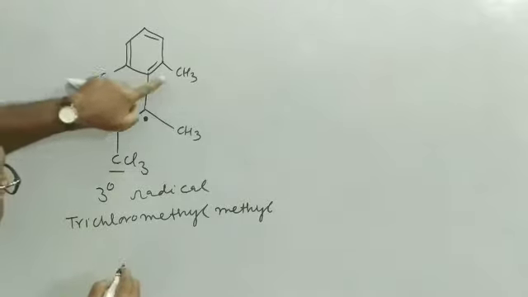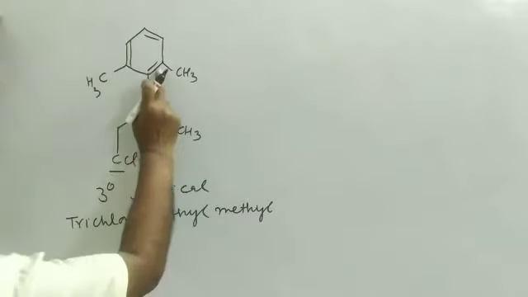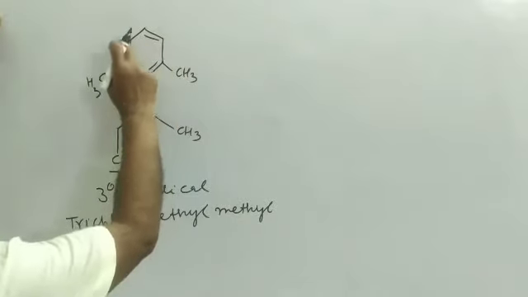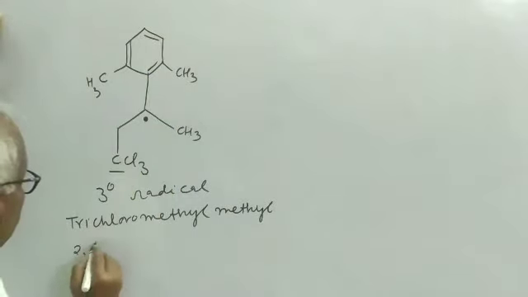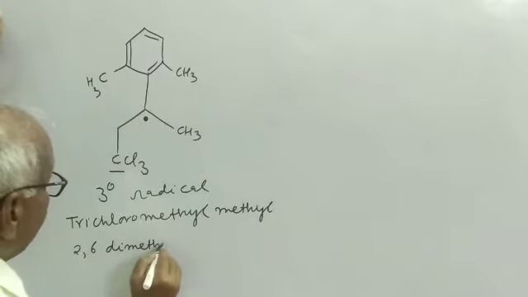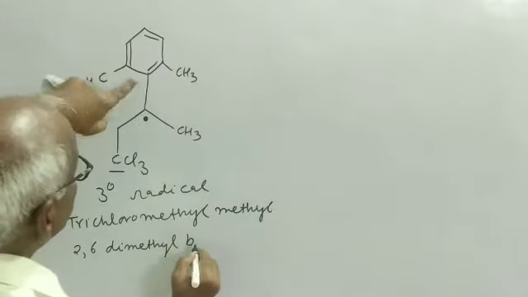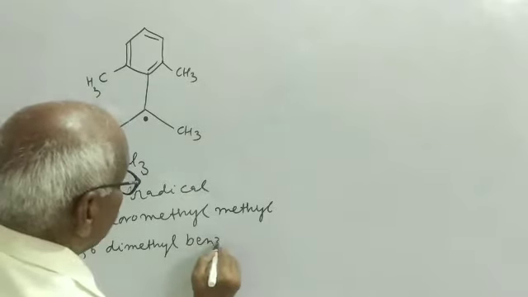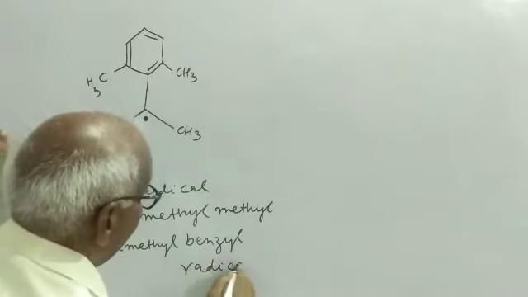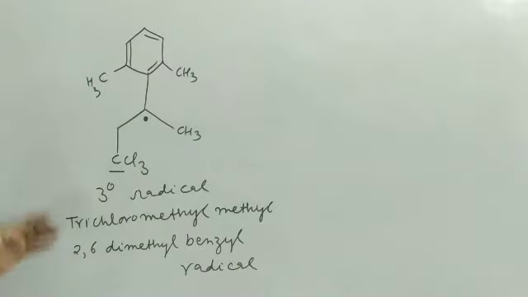So it is ortho, or 2, 1, 2, 3, 4, 5, 6, 2,6-dimethyl benzyl. This is the benzyl part, benzyl radical. This is a very important radical. I will tell you about its stability later on.